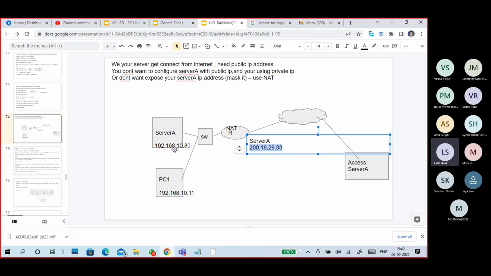Because I bound it like this: this IP and this IP are linked, mapped. So someone is trying to access your server with your public IP, your router receives it, translates and changes the IP address, and gives it to server A. Because it is a NAT. This is how companies do a basic NAT technique.